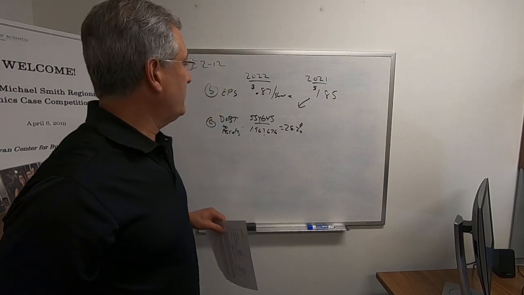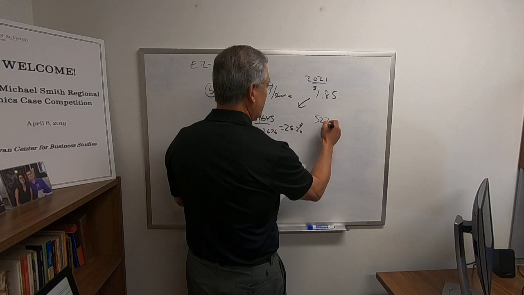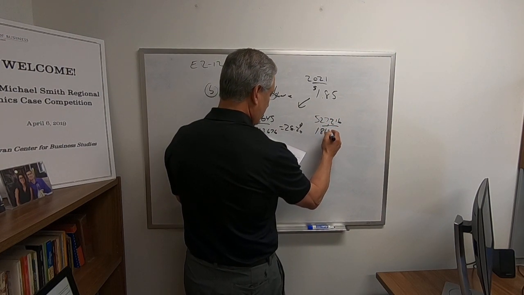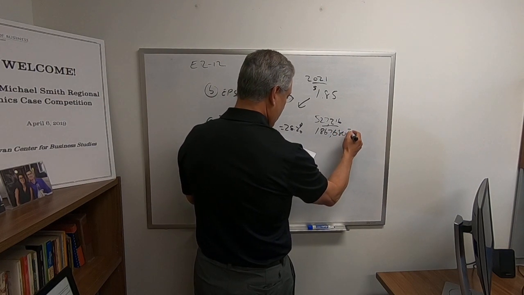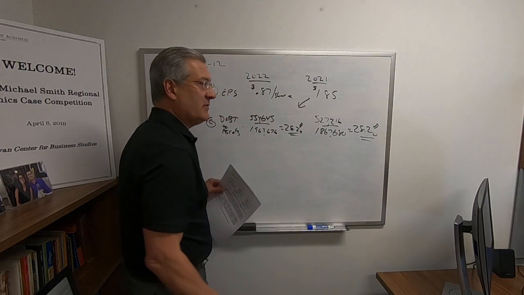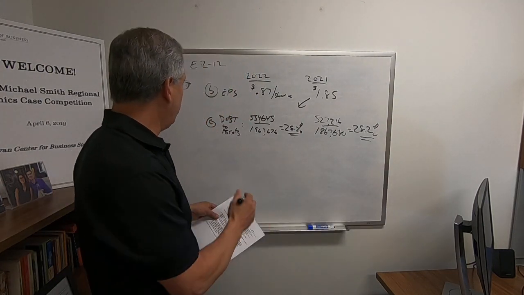Liabilities to total assets was 28.2%. But in 2021 it was 527,216 divided by 1,867,680, and this was also 28.2%. So it's the same. There's no change there. It's not getting worse, it's not getting better.